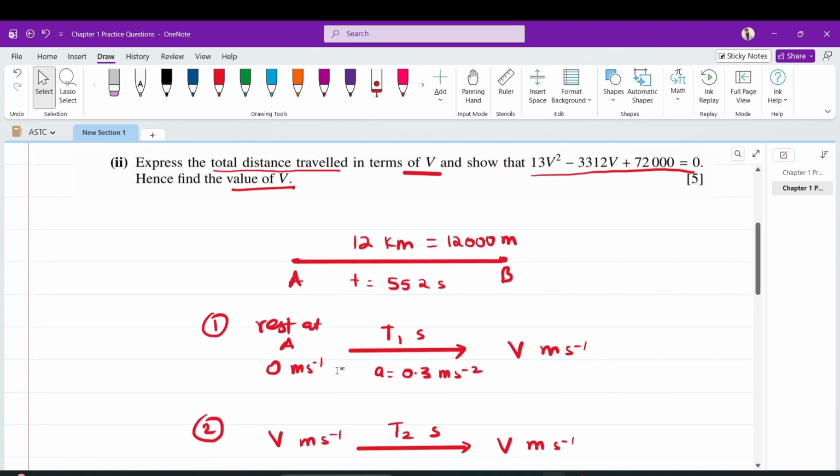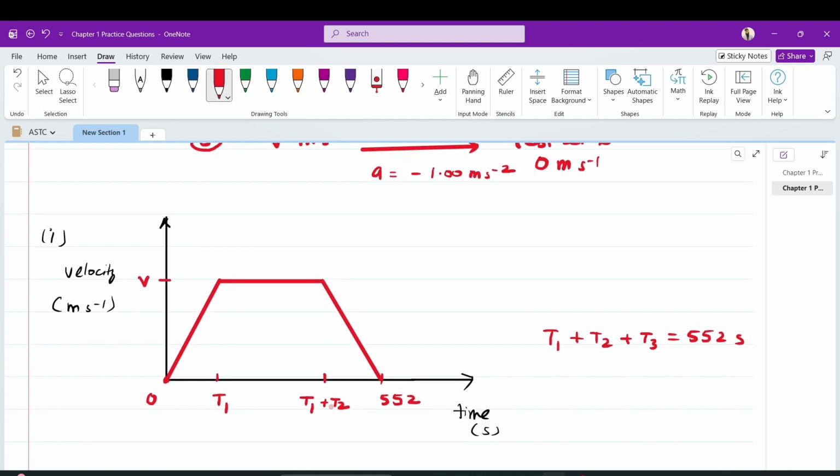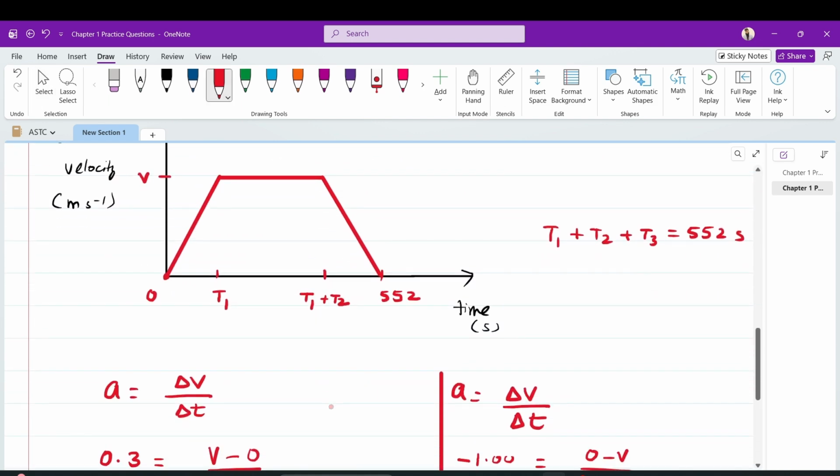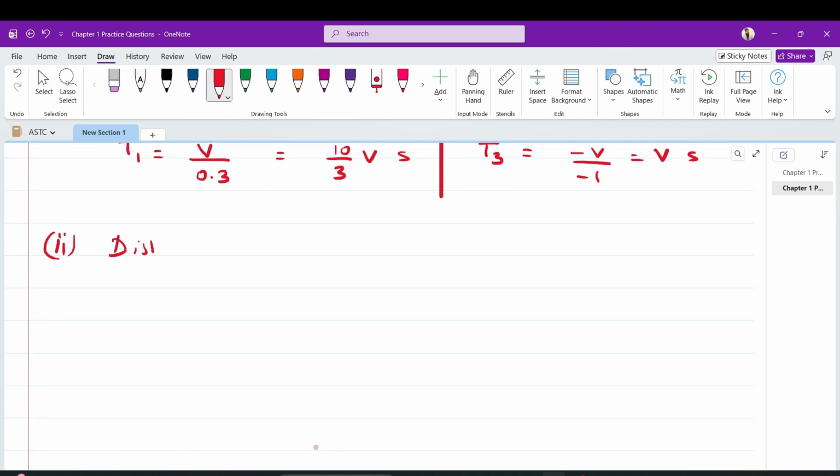All right, so because it says express the total distance traveled, it has already given us the hint, right? What is the next step? We need to find the area under the graph. So distance traveled equals area under the graph. So that will be half into sum of parallel sides.